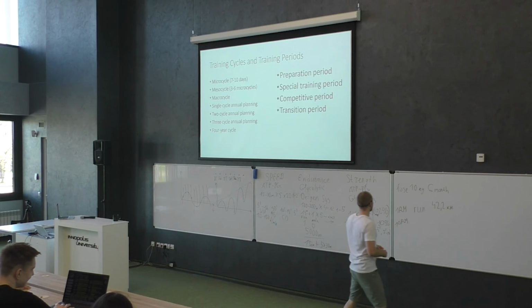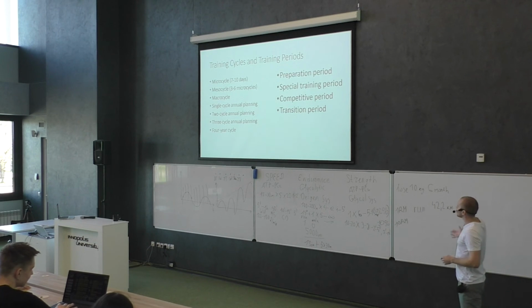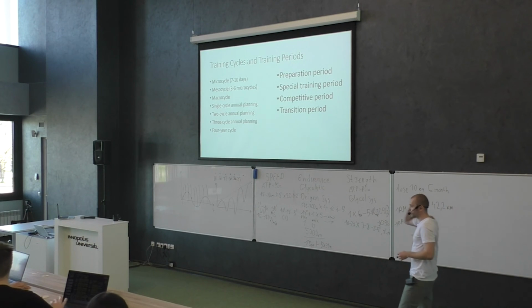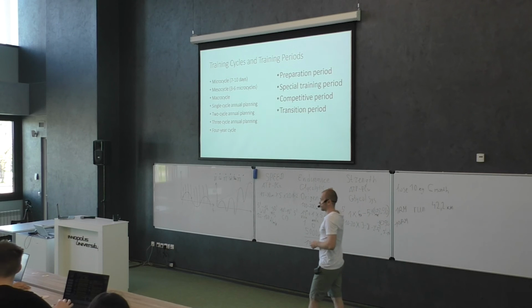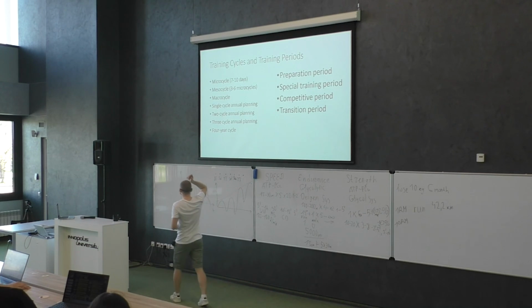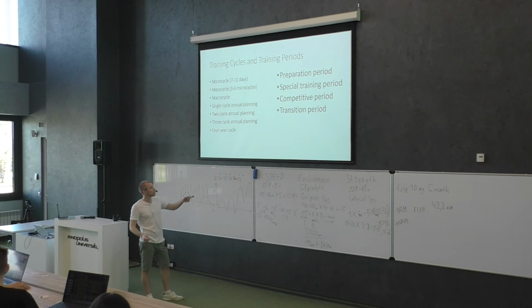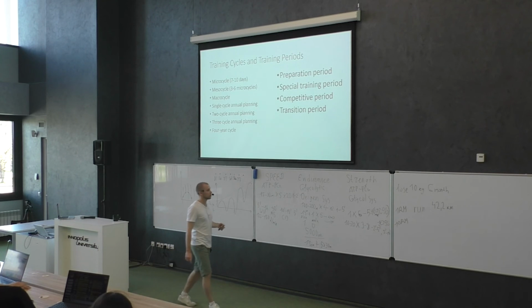For example, we decided that next spring we will run a marathon in May. That means that the main effort will be in May. It will be your competitive period.